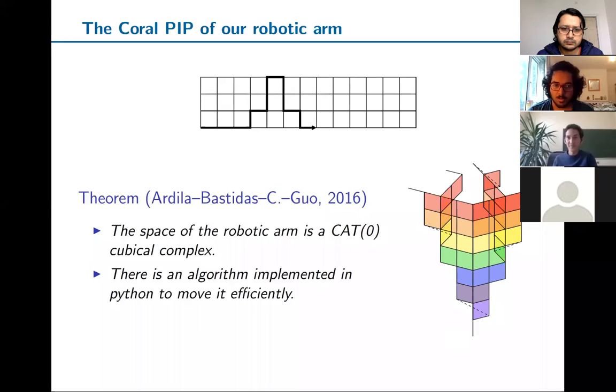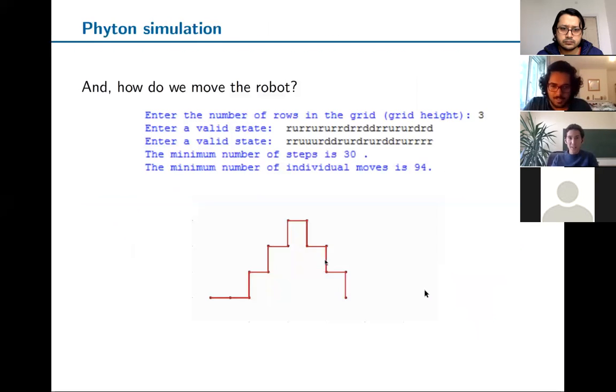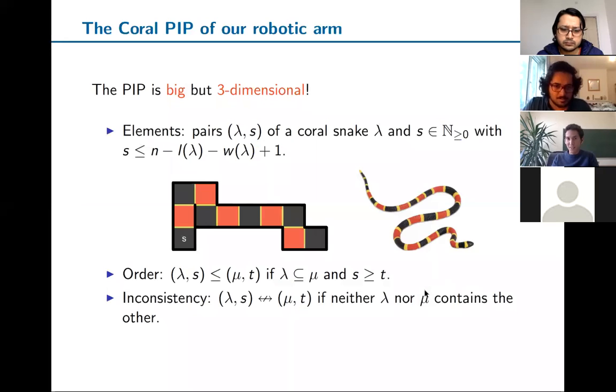So what are the proof techniques that are used in this, the connection with PIPs, and also the coral snakes? Yeah. So this is purely combinatorics.